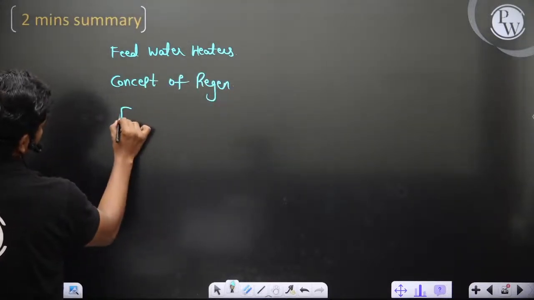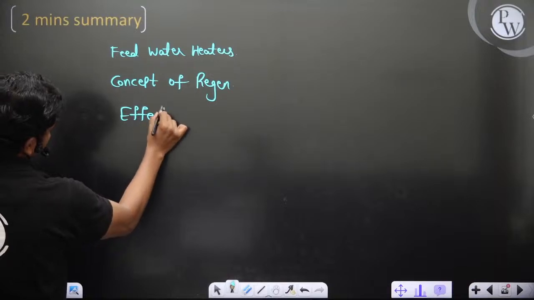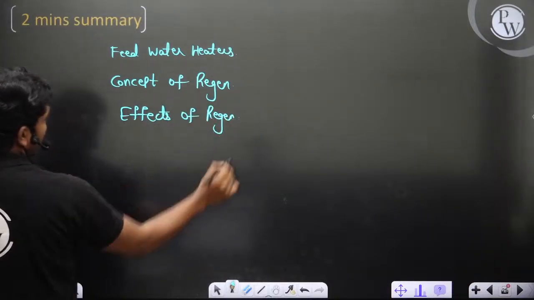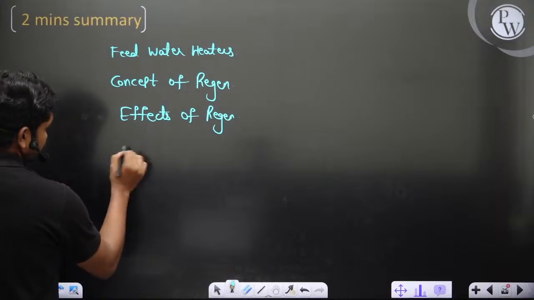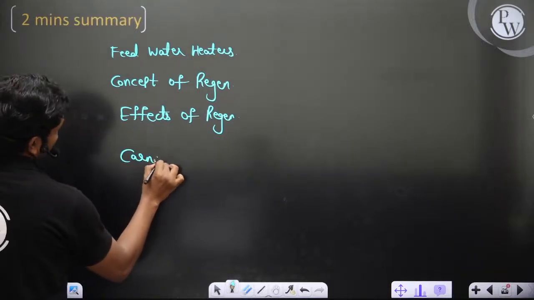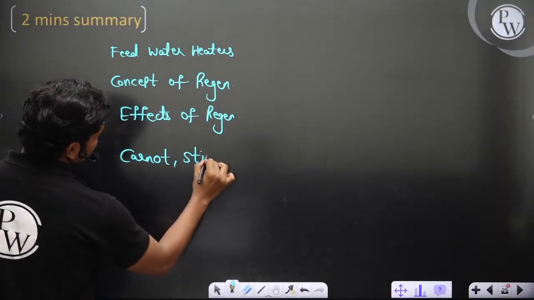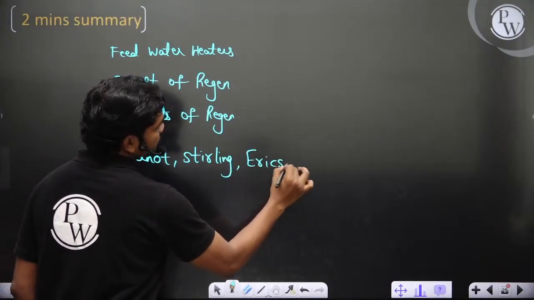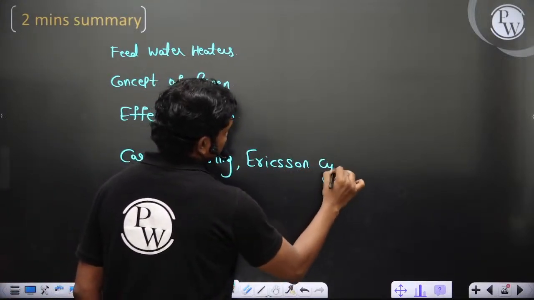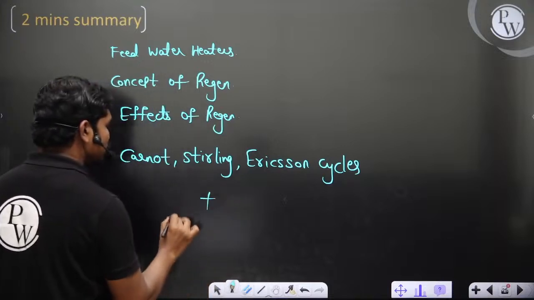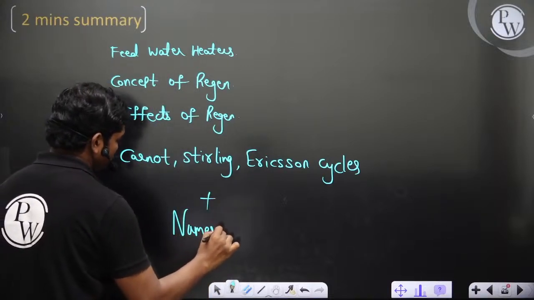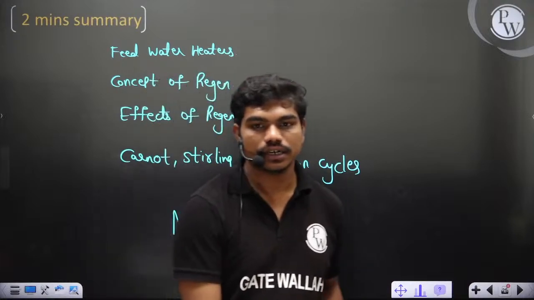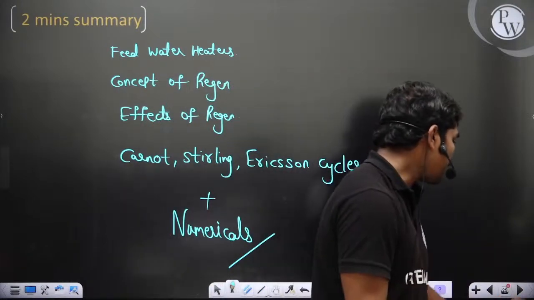We have seen effects of regeneration, and also we have seen gas power cycles, this Carnot, Stirling and Ericsson cycles. Plus we have also solved some numericals. Okay, so these are the things that we have discussed in today's class. And if you have any doubts, you can ask me.